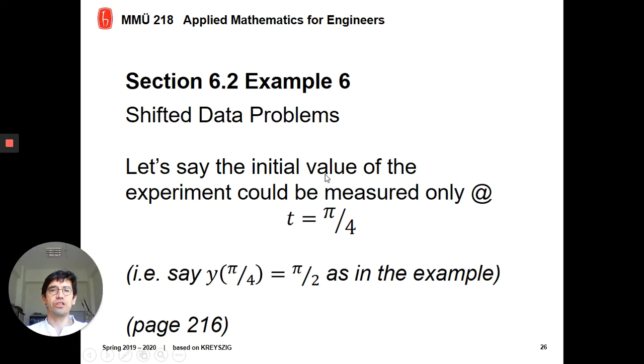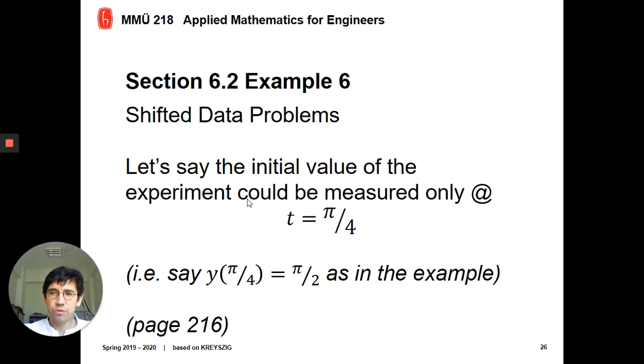Let's say I have an initial value of the experiment. Let's say I'm doing an experiment and I'm measuring the output. In the time domain, I'm measuring the output, and I can only measure it at time pi over 4.